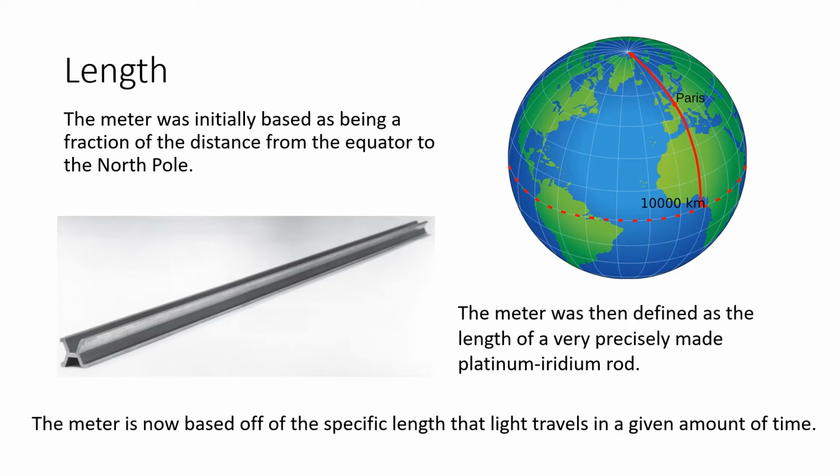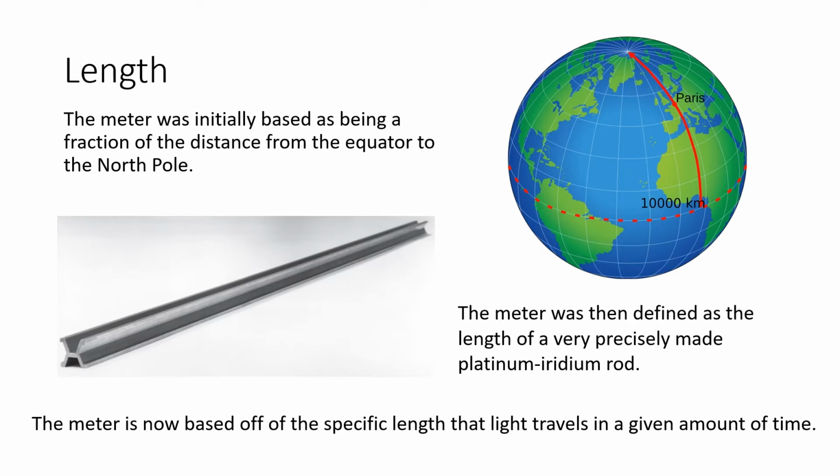We're trying to get more and more precise as we continue with better technology. We're using a system of measuring a meter based on how far light will travel in a specific amount of time. So light will always be traveling at the same speed.